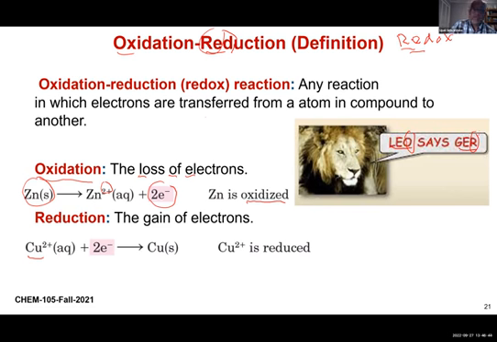Gain of electrons is reduction. This is loss of electrons, LEO.